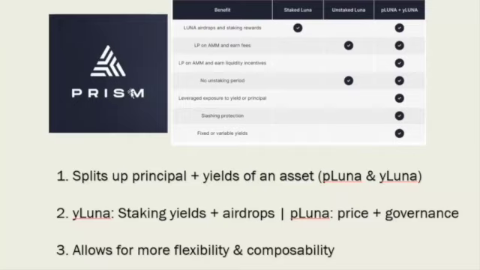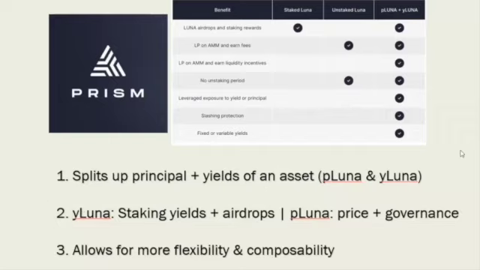So what they do is they break out and split the principal and the yield. You can stake your principal Luna with Prism and get the staking yield plus airdrops. Then you can use your P Luna, which is the principal component, and your Y Luna, which represents the yield component of it, to collect staking yield and airdrops.